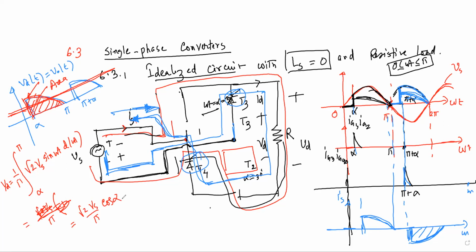Okay. If we apply alpha equal to 0, that means we are applying the gate pulse here, and also at omega t equal to pi. What will be the wave shape of the output voltage? Exactly as the source voltage. Yes, exactly as a full wave rectified circuit, sir. Diode rectifier, right? Yes, sir.